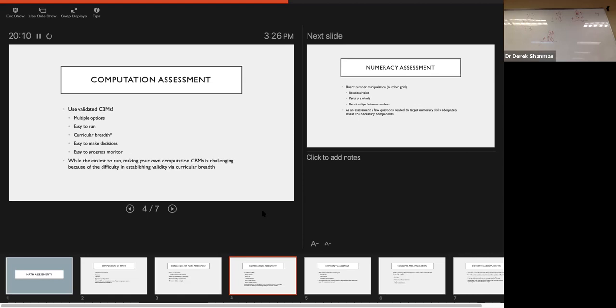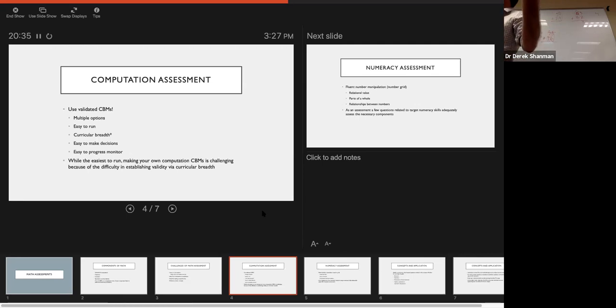Very easy to make decisions with, very easy to progress monitor, right? You get with anything in math, or most things in math, I'm not going to say anything, you get very clear data with which to analyze, right? You got 4 out of 7 of these types of problems. You got 7 out of 7 of these types of problems.